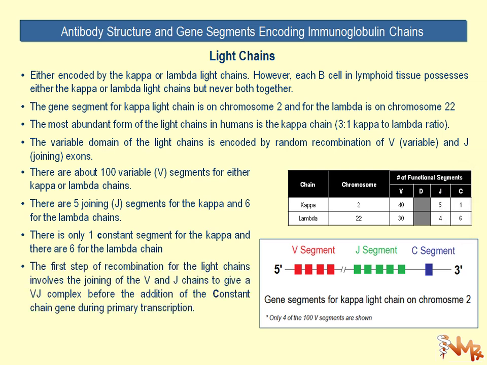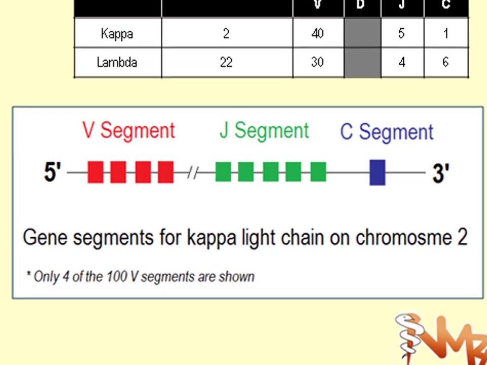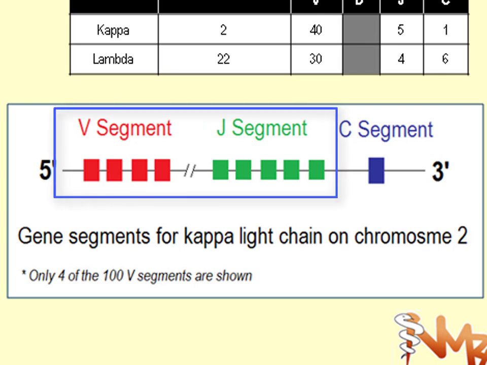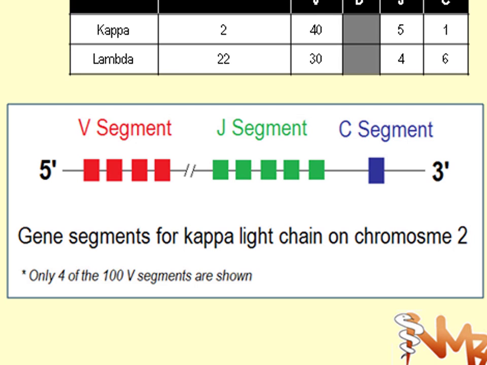The first step of recombination for light chains involves joining randomly the V and J segments to make a VJ complex before adding the constant or C segment into that complex. And this happens during primary transcription.